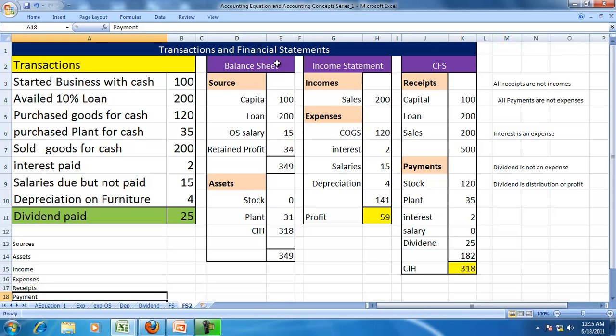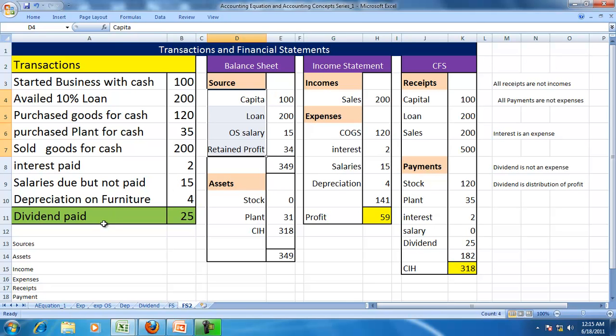So all the transactions are converted into the balance sheet, income statement and cash flow statement. Every business decision will have these financial items, and they will appear on the financial statements.